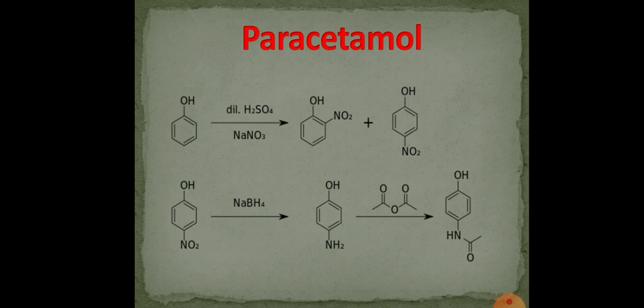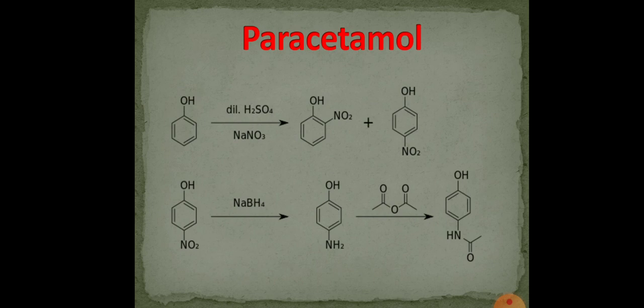This is the route of paracetamol. As we seen in previous slide that 2 isomeric nitrophenols, that is 2-nitrophenol and 4-nitrophenol are obtained by the nitration of phenol. In this step, phenol is reacted with sodium nitrate in the presence of dilute H2SO4.